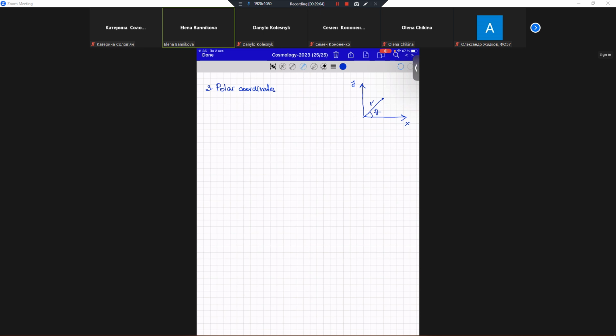If we have a vector r, with unit vectors ex and ey, we can represent it as x ex plus y ey.